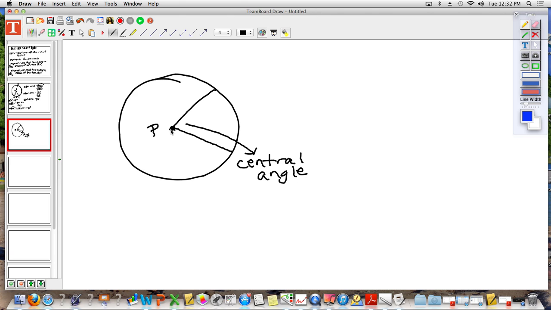You see this point P? That's the center of the circle. And this angle is made so that the point of the angle, the vertex of the angle, is at the center of the circle. Are you with me there?